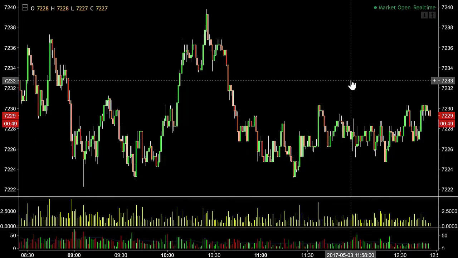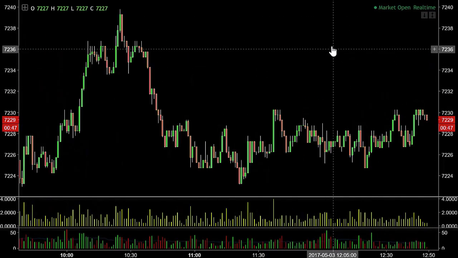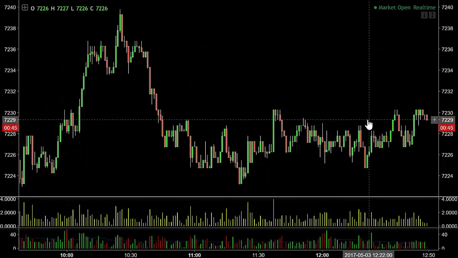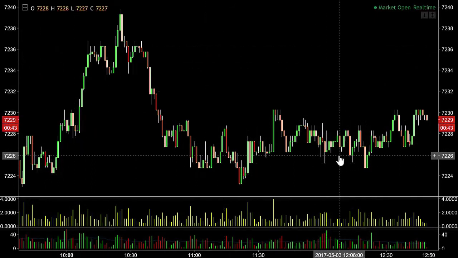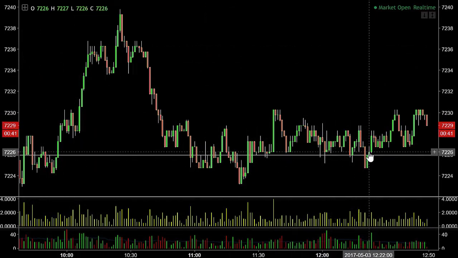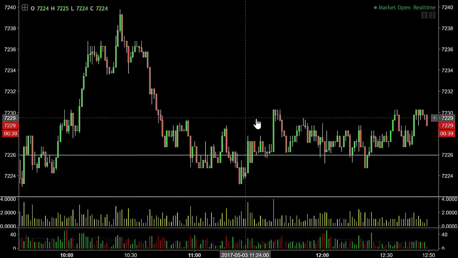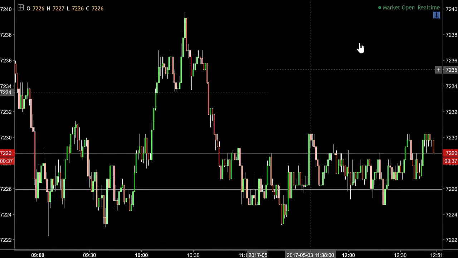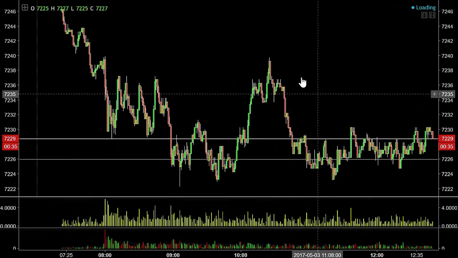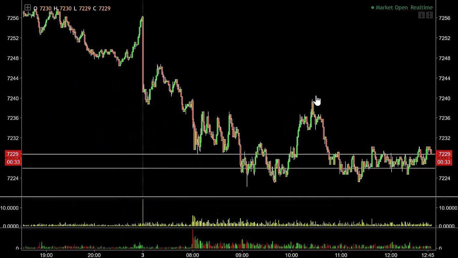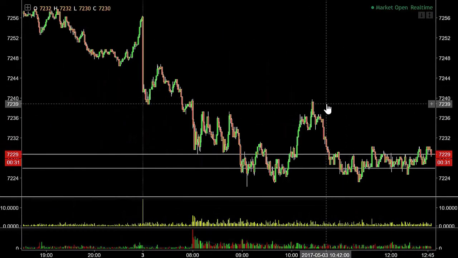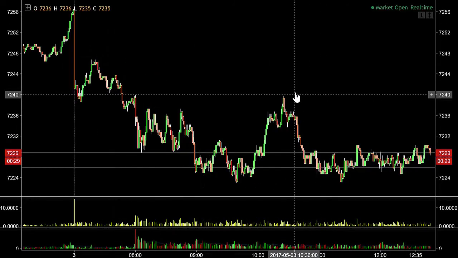And if we go on a low time frame, we can see pretty much straight away, obviously it's very, very quiet today, but we can see we've got some support down here at the 7226 level, and we've got some resistance up here. Now that's a broad way of looking at it, and often we look at it and say, okay, it's how many times a market has tagged that level. But we can also say that it's a high swing point.